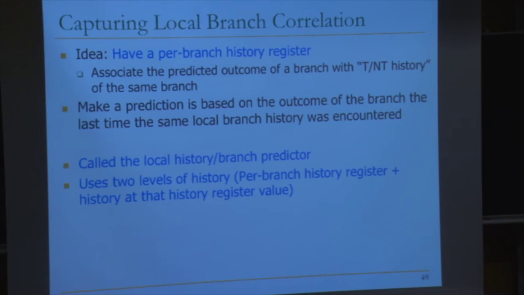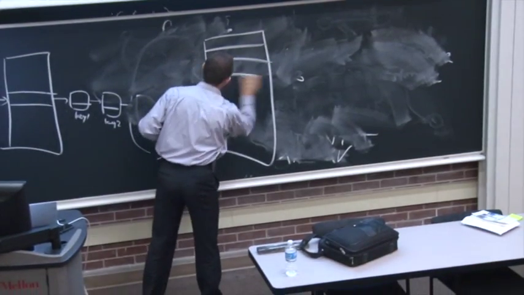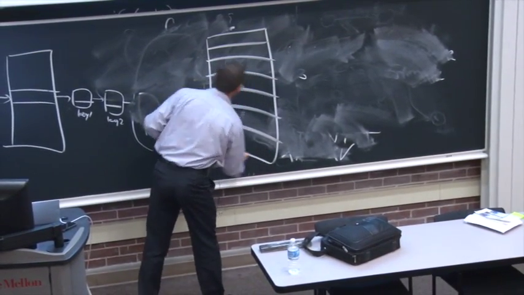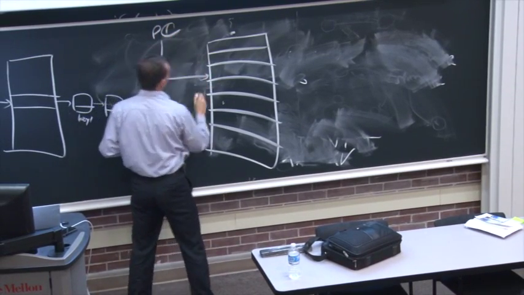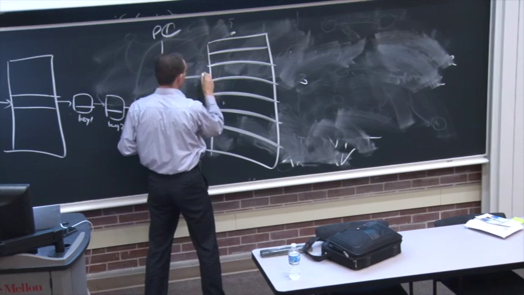Let's try to do this. This probably will not work. I want to show you both over here, but instead of having a single register that's global, now we have a bunch of history registers, one for each branch. And based on the program counter, we pick one of the history registers.